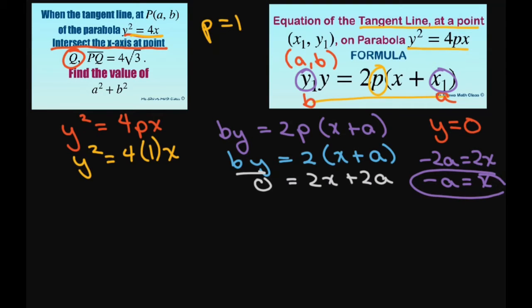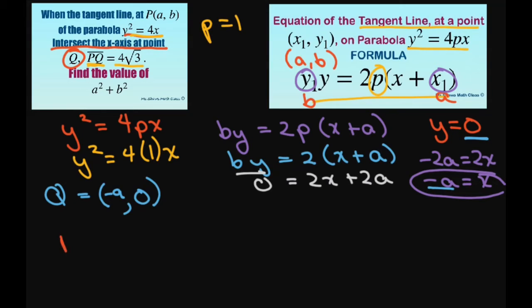All right. Therefore, we need our point Q. Our point Q is going to equal, at y is 0, our x is negative a. Now we're going to find the distance from this point PQ and set it to 4 square root of 3.